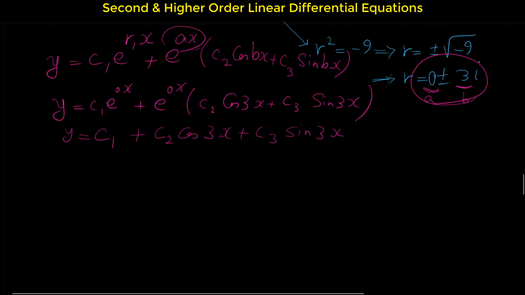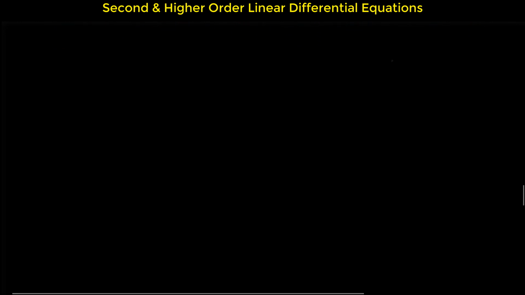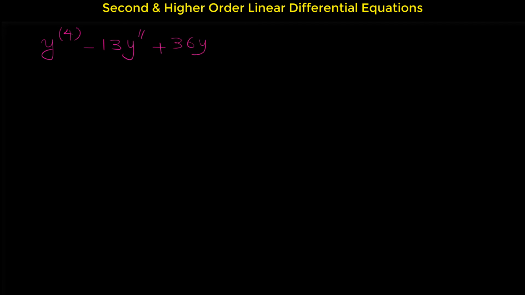Let's move to another example. The given differential equation is the fourth derivative of y minus 13 times the second derivative of y plus 36y equals 0.